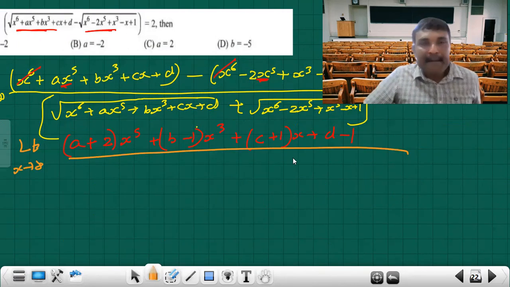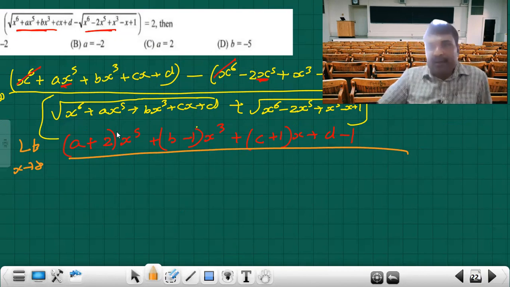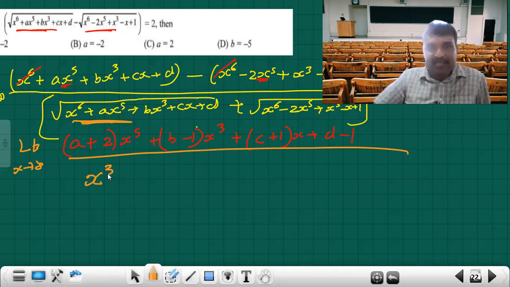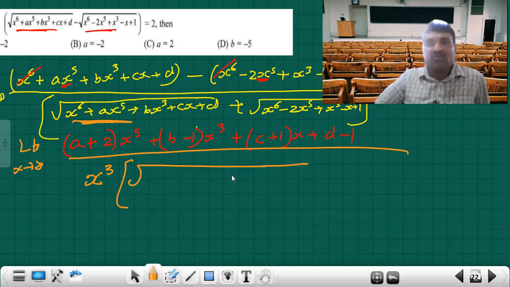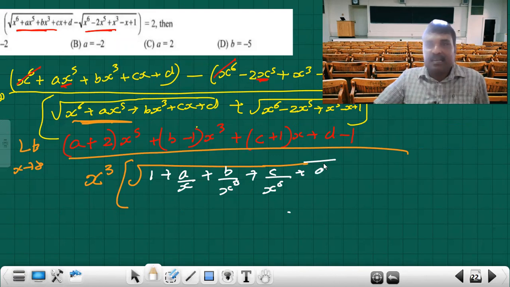Now in the denominator, we can take x cube common, x raised to 6 can be taken outside of the square root. So when it comes outside, this becomes x cube, right? x cube into square root of this, we can write as 1 plus a by x plus b by x cubed plus c by x raised to 5 plus d by x raised to 6, right?